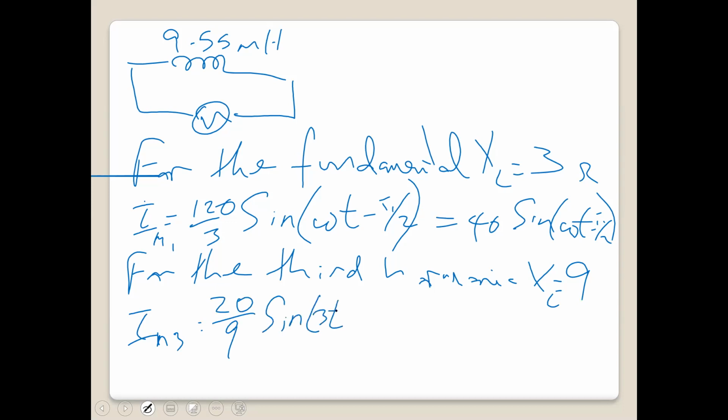And what's the angle? Minus pi over 2. All right. Whatever 20 over 9 is, we don't really need to worry too much about that. So we now go to the fifth harmonic.